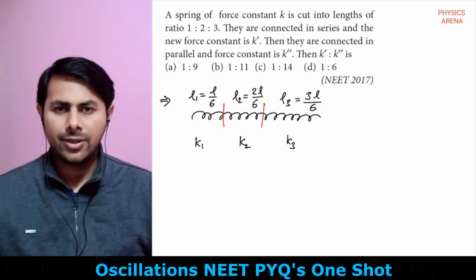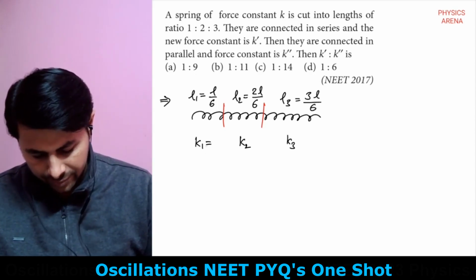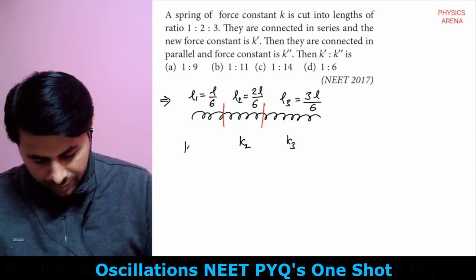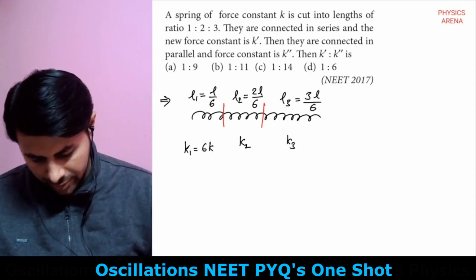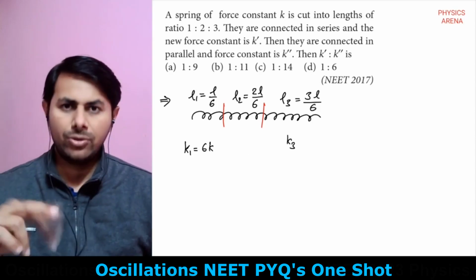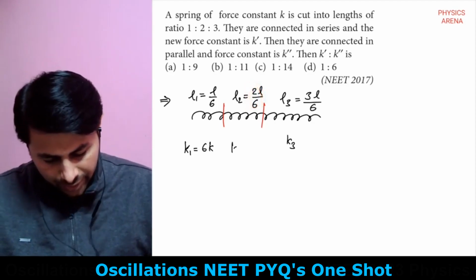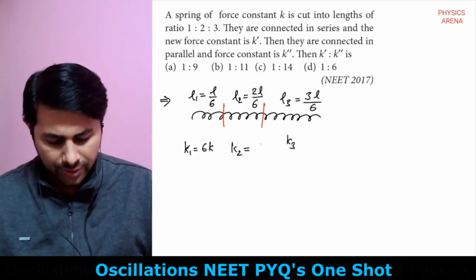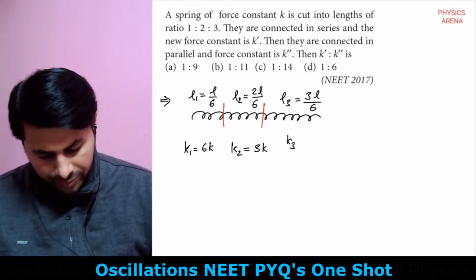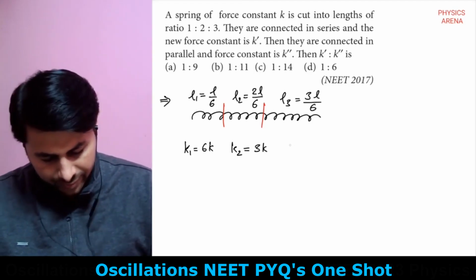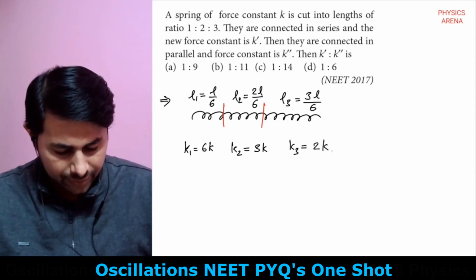So K1 equals 6 times K. K2 equals 6 by 2 times K, just invert this number, so K2 equals 3 times K. And K3 equals 6 by 3, that is 2 times K.